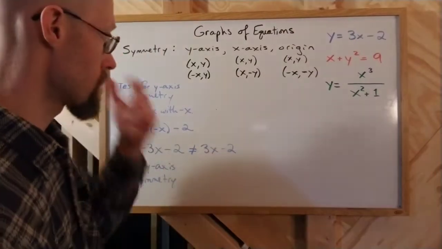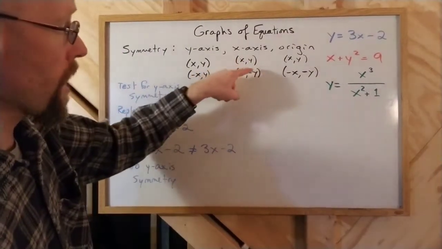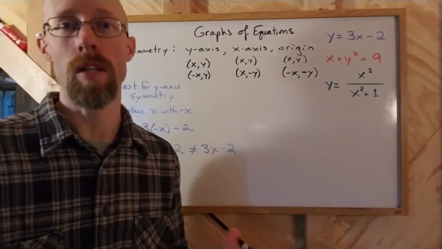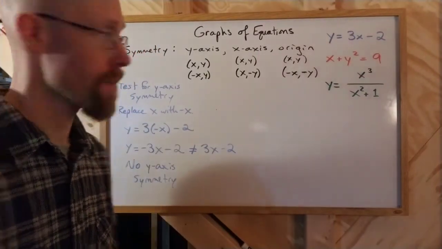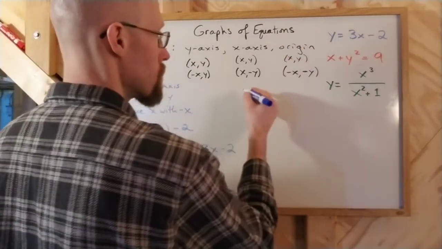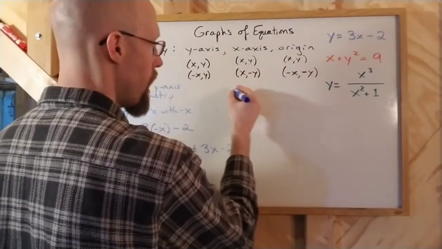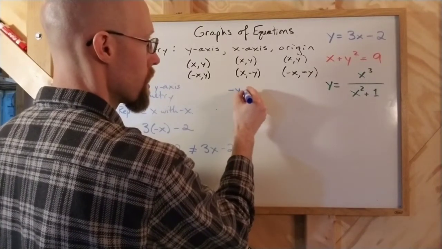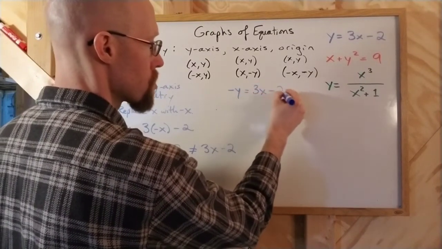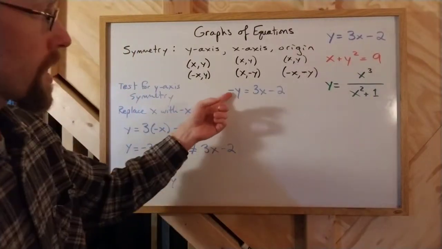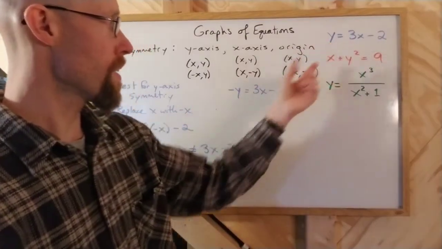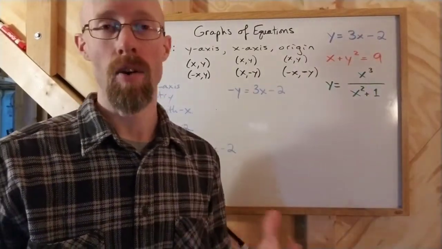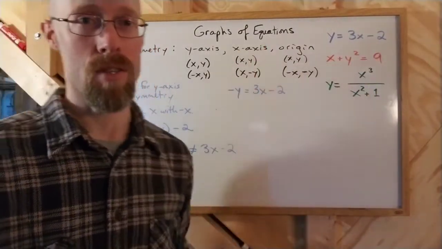With x-axis symmetry, we replace the y with a negative y and see if the x's stay the same, or basically if the equation stays the same after you simplify. We can take the original y and call it negative y. So negative y equals 3x minus 2. What would be nice is if I could solve for y, and if the other side remains exactly the same as the original, then I know I have x-axis symmetry.